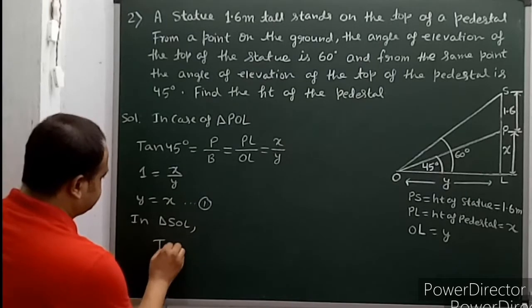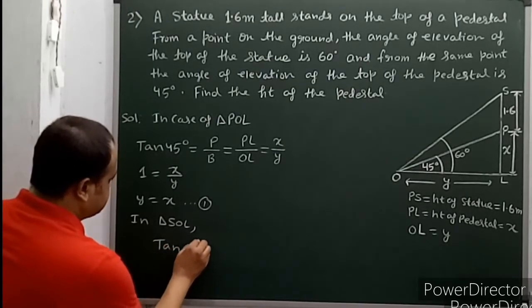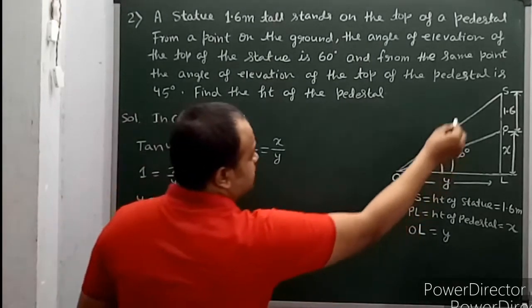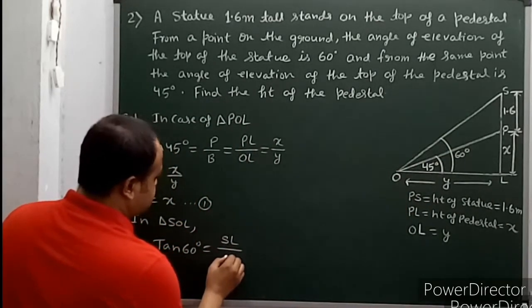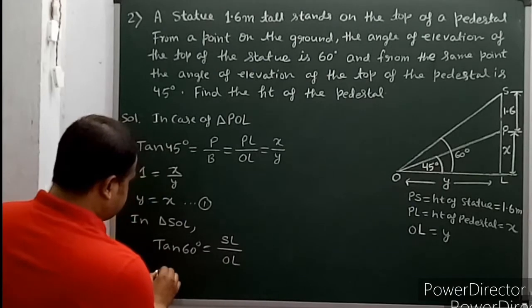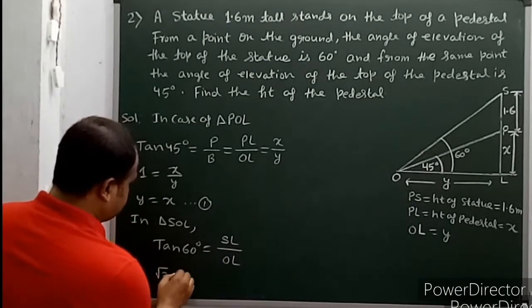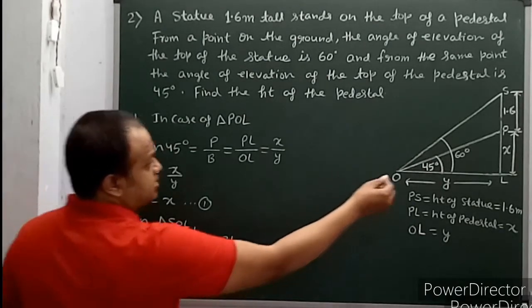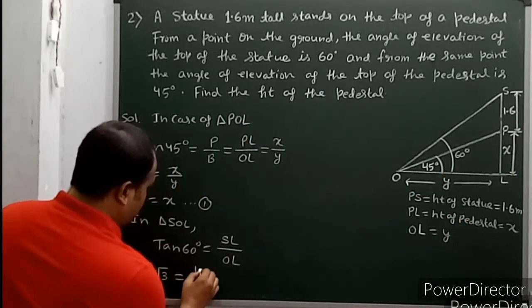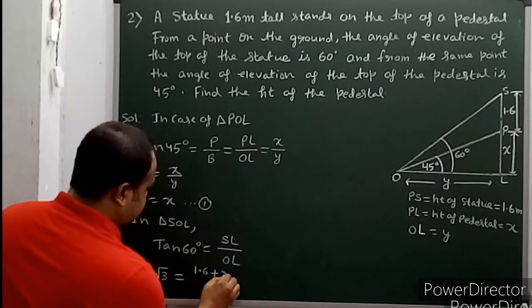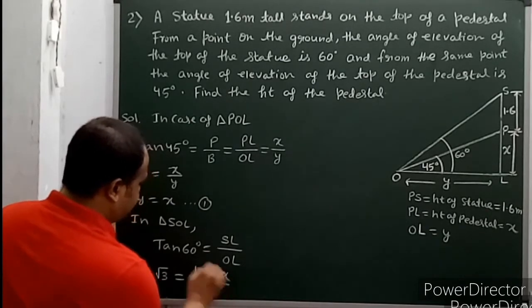We get here tan 60 equals to, perpendicular is what? SL by base is OL. Tan 60 is root over 3. SL means what? SP plus PL, that is 1.6 plus x by y.